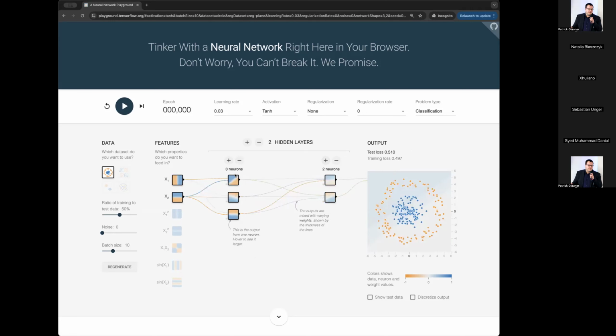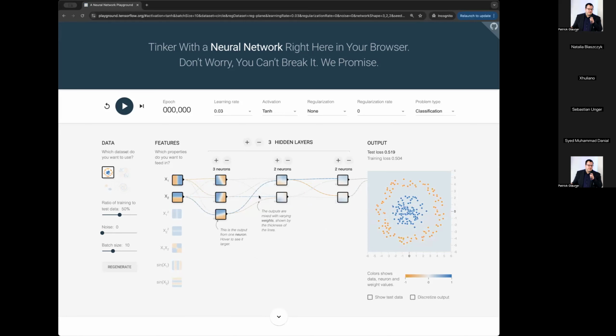So I have in the first hidden layer 3 neurons, then I have 2. I can put in another hidden layer and I can reduce the number of units. I can increase it. I can use an activation function. I can use tanh, sigmoid, linear, ReLU. I can play with the learning rate.